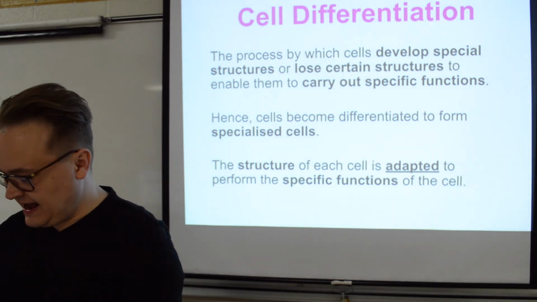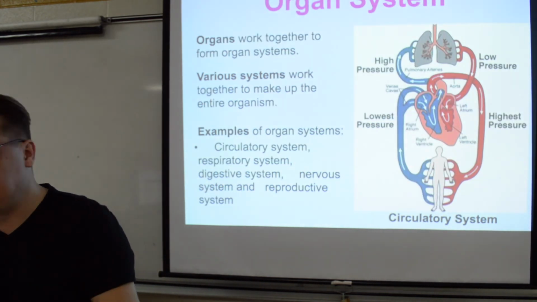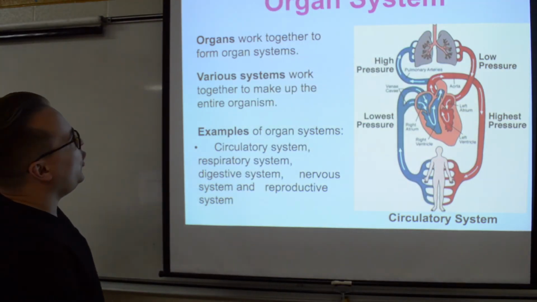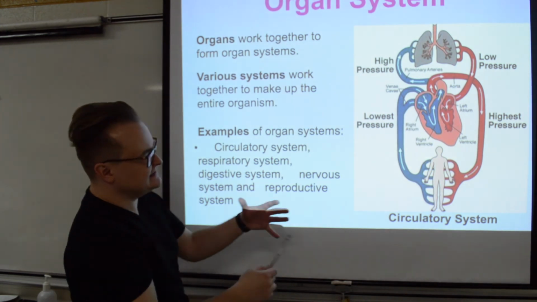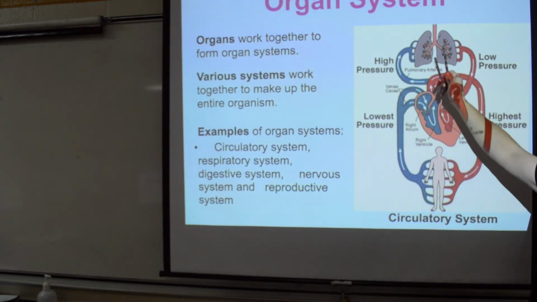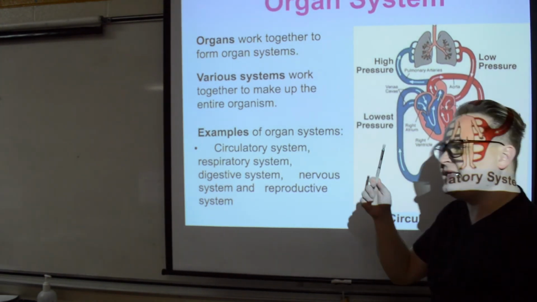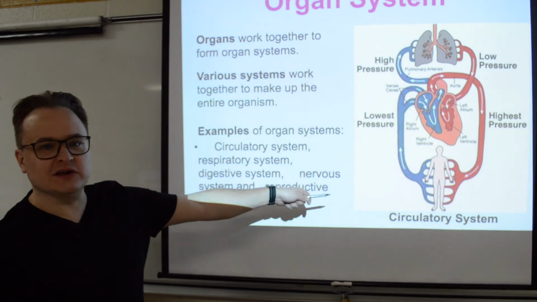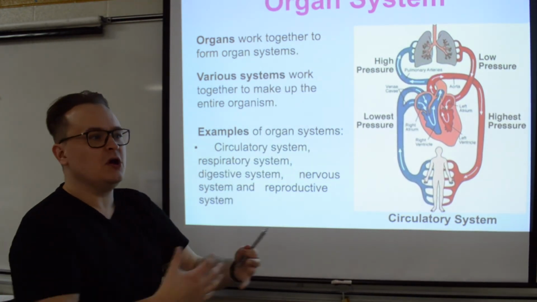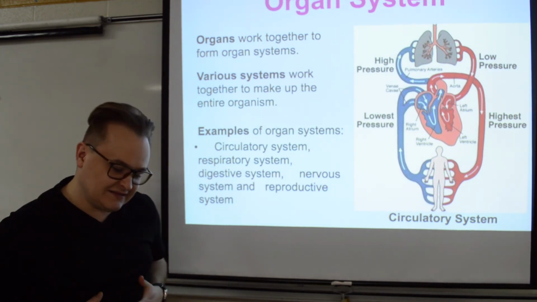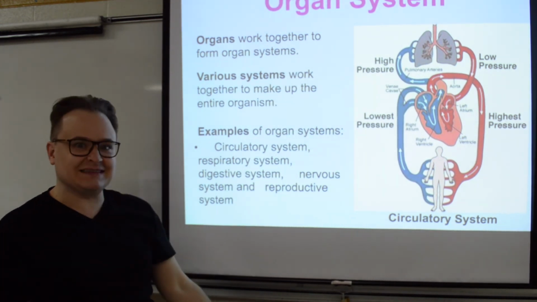The last slides coming up are the organ systems. Now, what do we need to know? Organs will work together to make a system. This is the circulatory system. You've got all these different organs, but they all make up one system. And then you have the circulatory system, the nervous system, the respiratory system, the lymphatic system, the digestive system, the skeletal system.